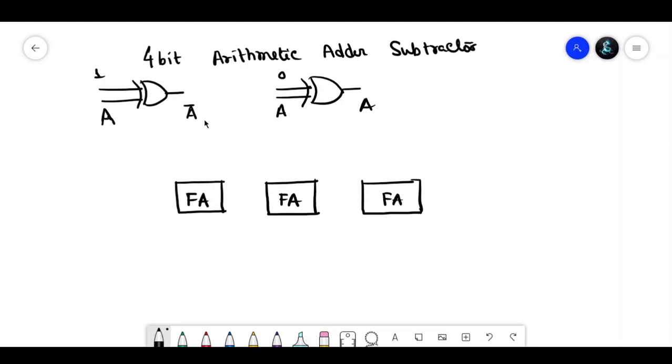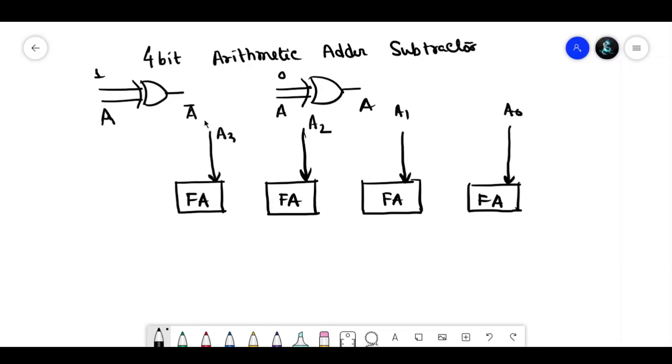This is the 4 full adder circuit. So one input is A0, the LSB, A1, A2, then A3. This is one input. Another input B0, B1, B2, B3.